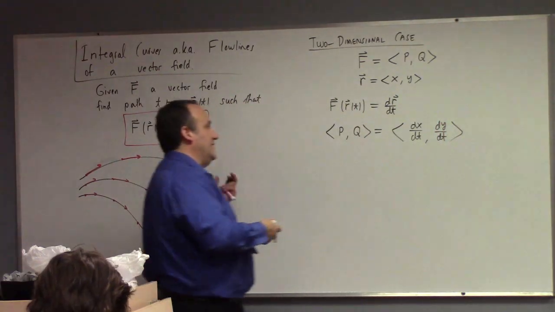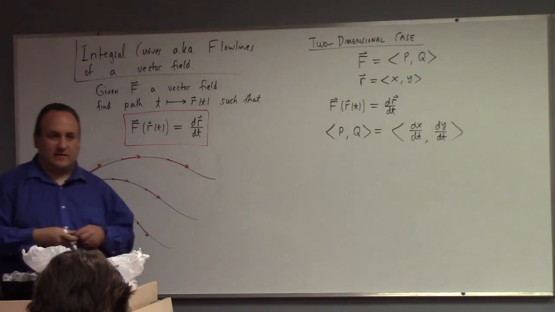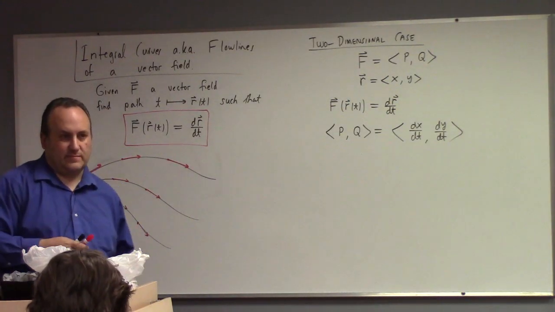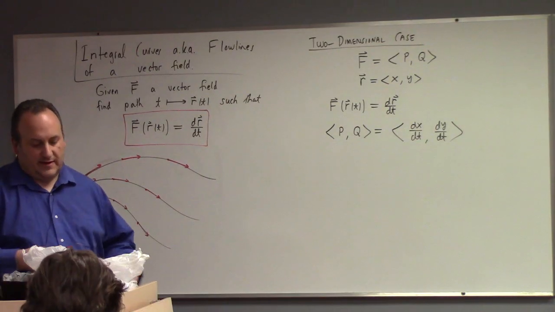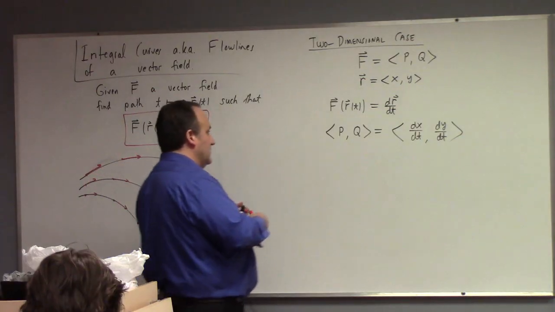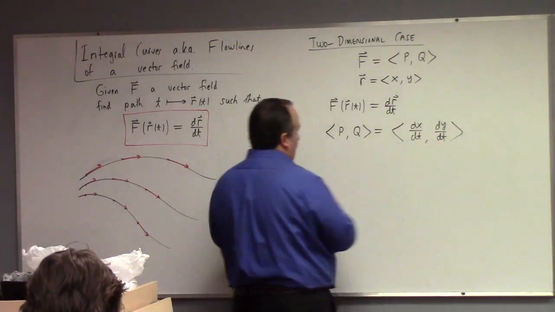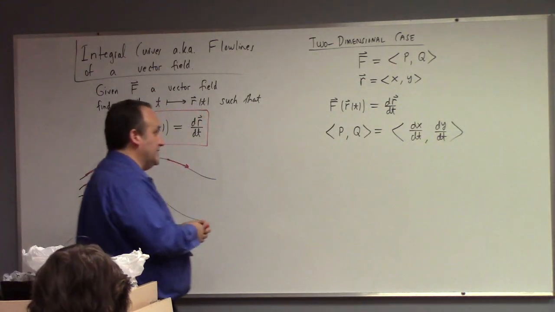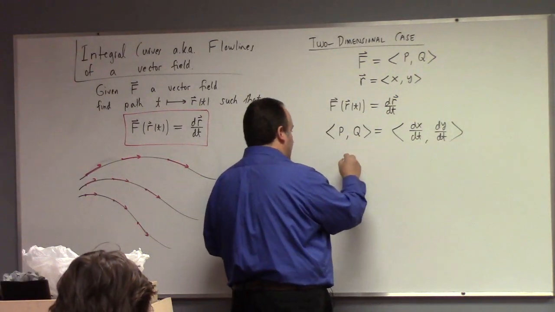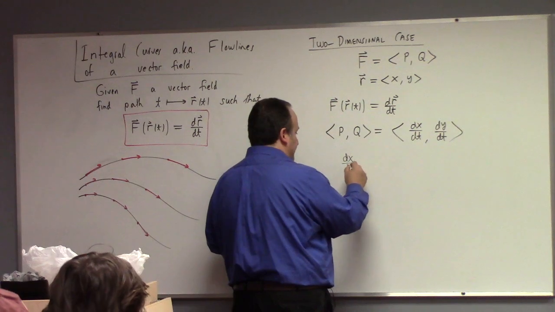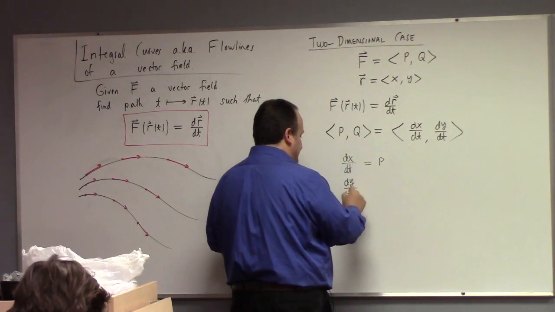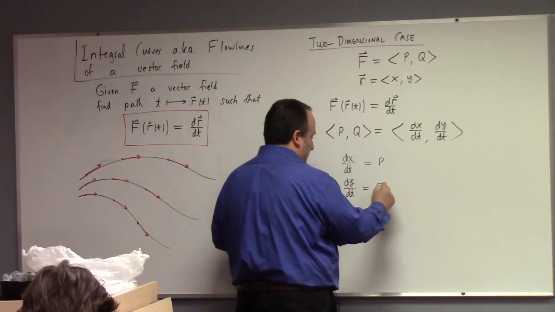If you'll forgive me, I'm not expressing the fact that the P and Q functions must be evaluated at x of t, y of t. So, how can a vector equation be true? It's true if and only if both of the scalar component equations are true. So we literally need dx/dt equals P and dy/dt equals Q.